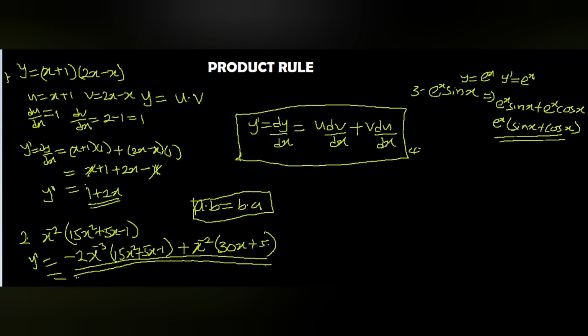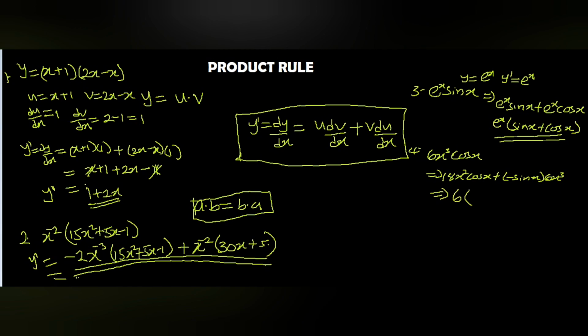Example 4, where you are to differentiate 6x raised to the power of 3 cos x. This is also a product rule. So this is going to give us, we differentiate this first. 3 times 6 is going to give you 18x raised to the power of 2 cos x plus, you now keep this one constant, differentiate this, then that's going to give us minus sin x multiplying 6x raised to the power of 3. So let's make this way. You know that this 6 and this 18, you have common terms there.